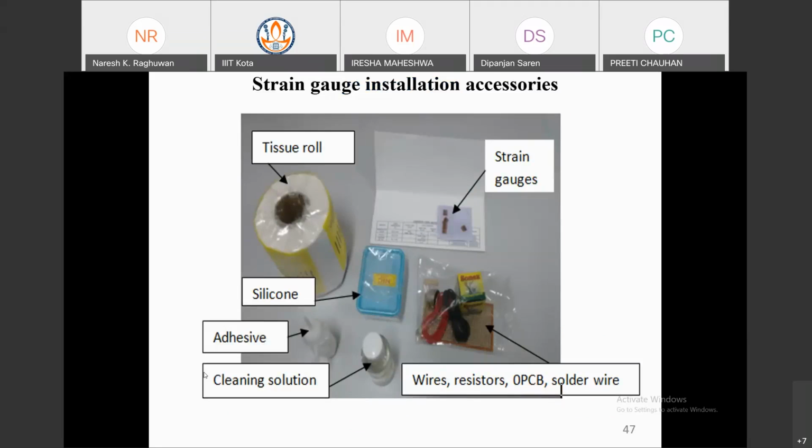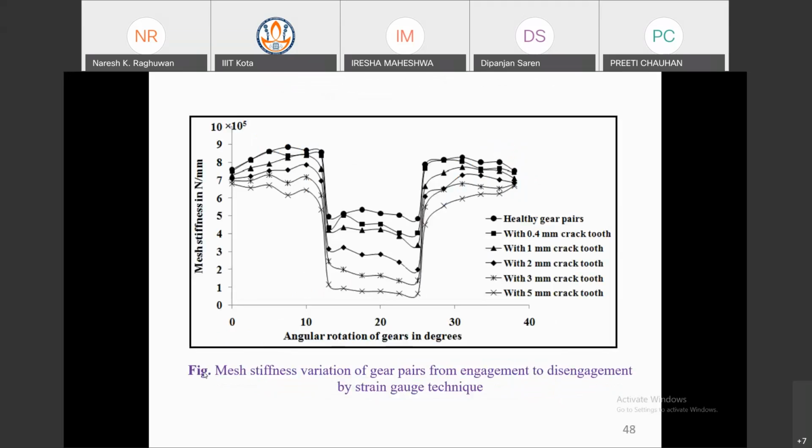Otherwise, you have to develop the whole system, or purchase ready-made software for that. So these are the healthy gear, and some crack information will be there, and the mass stiffness variation you can see.